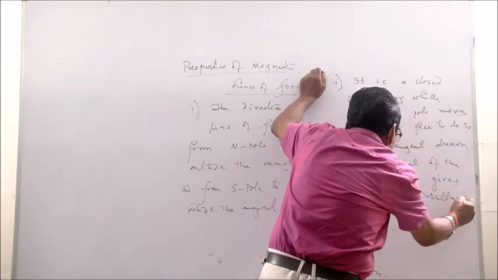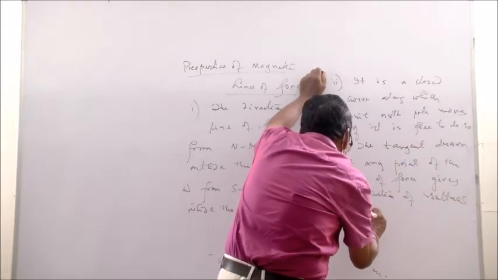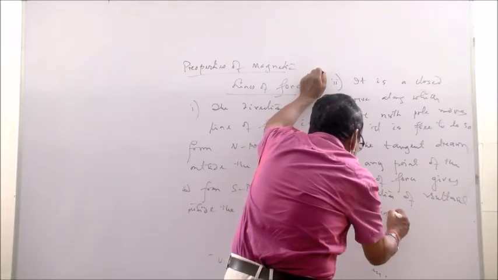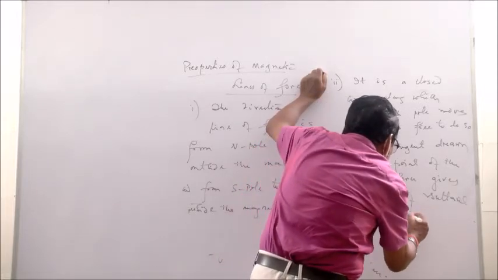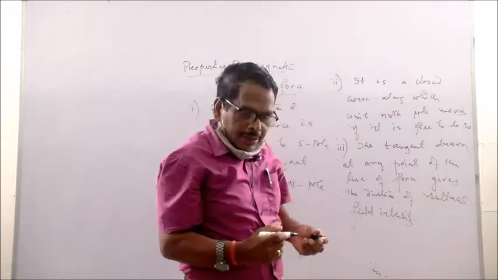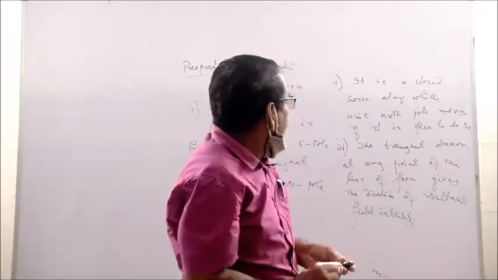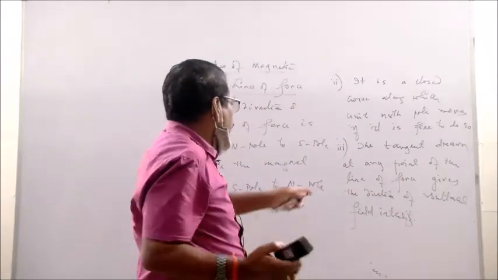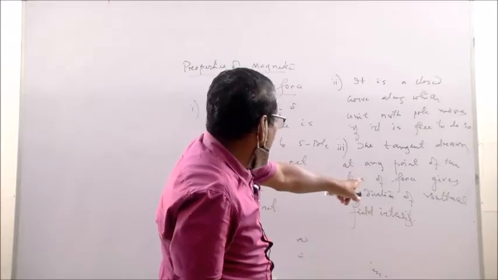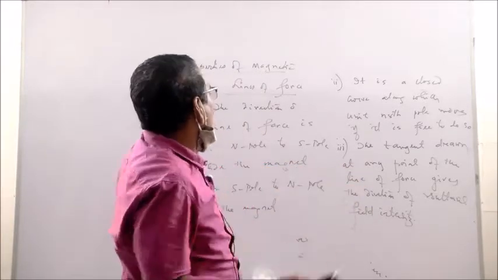This is a very important point, resultant field intensity. If you draw a tangent to a magnetic line of force at any point, the direction of the tangent is the direction of the magnetic lines of force. So, the tangent drawn at any point of the line of force gives the direction of the resultant field intensity.